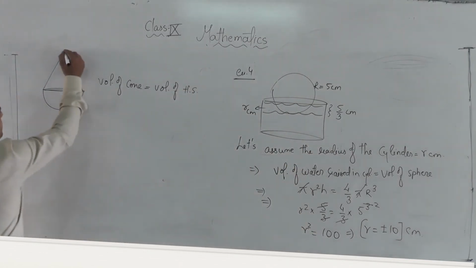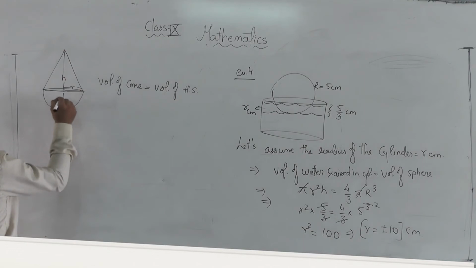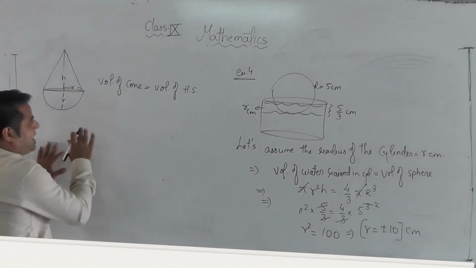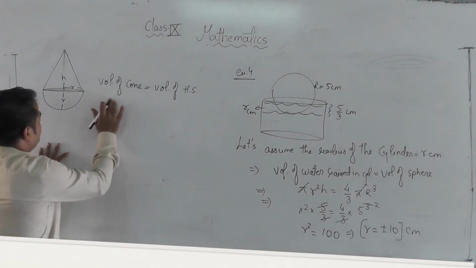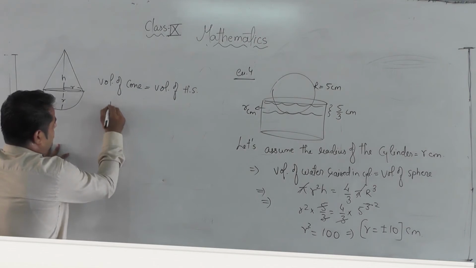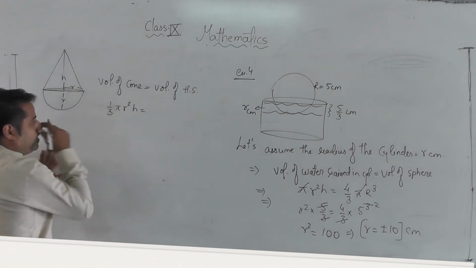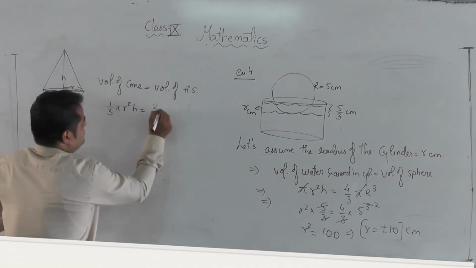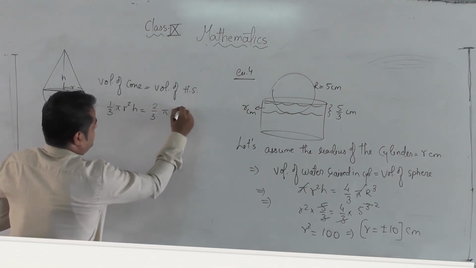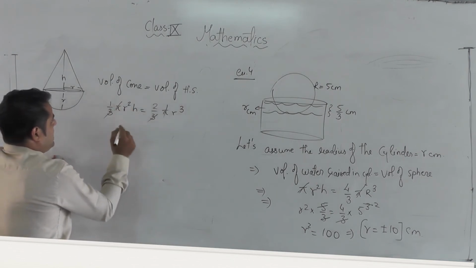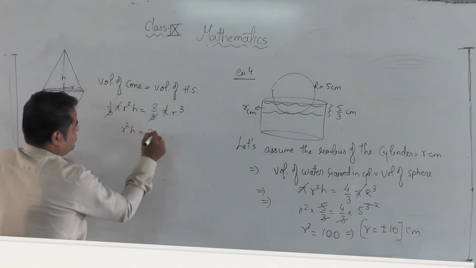Now you all know that the height of this hemisphere is equivalent to the radius itself. So on the place of height we are keeping radius only. Volume of cone is 1 by 3 pi r square h, and the volume of hemisphere is 2 by 3 pi r cube. Now pi and 3 will get cancelled. R square h is equal to 2r cube.